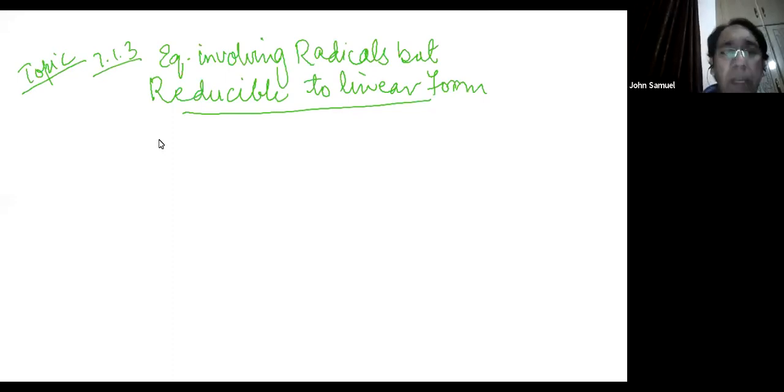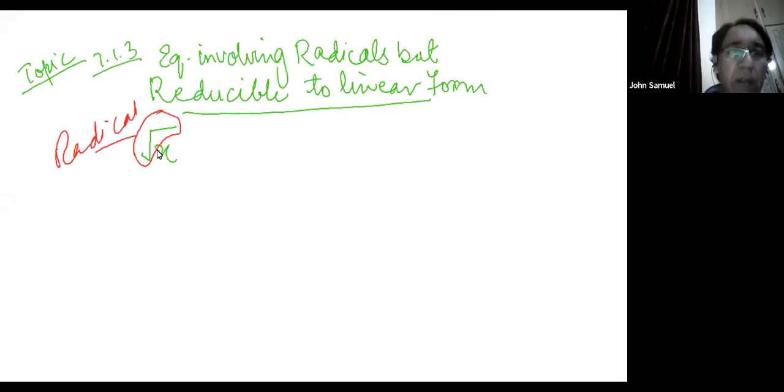You are familiar, if a variable has a radical sign, it is like this. This symbol is known as radical. If a variable has a radical sign, we say radical.